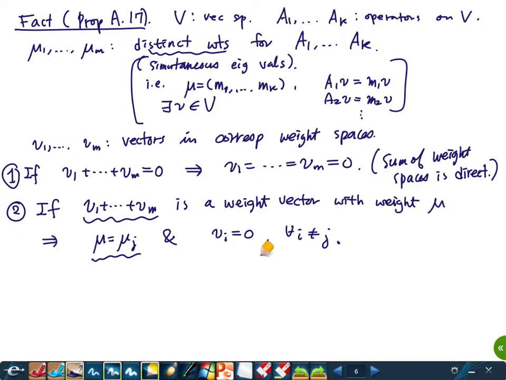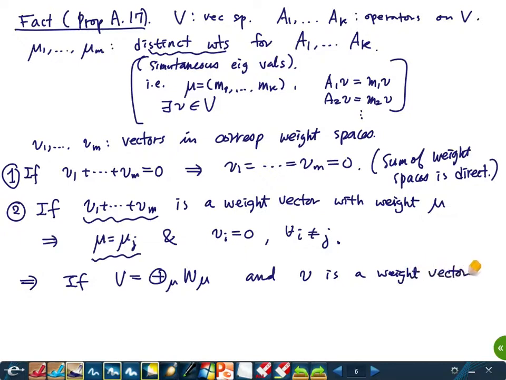the statement. Or in other words, if you can write a vector space as a direct sum of weight spaces, and if V is a weight vector, then V is in one of the components for some mu.